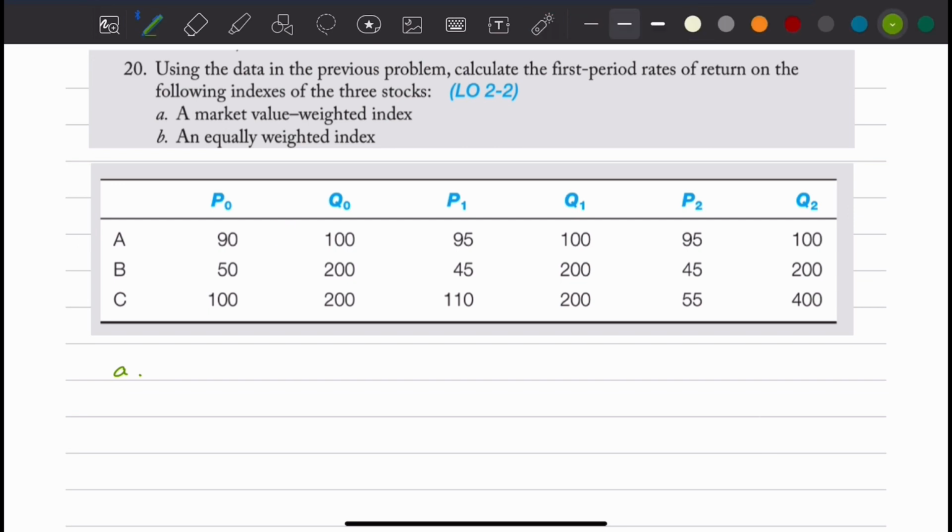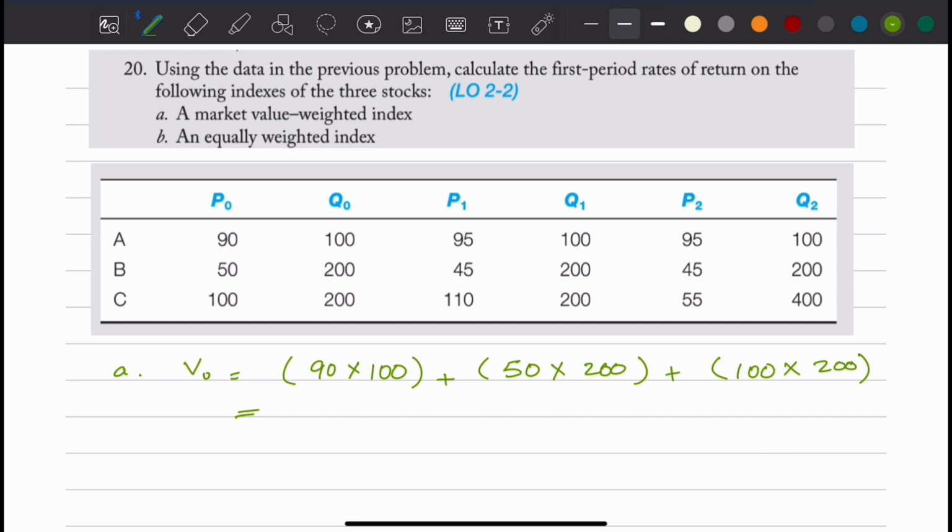So the value at time 0 for a market value weighted index is going to be the price of stock A, which is 90, multiplied by its quantity, which is 100, plus the price of stock B, which is 50, multiplied by its quantity, 200 shares, plus the price of stock C, which is 100, multiplied by the number of shares outstanding from stock C, which is 200 shares.